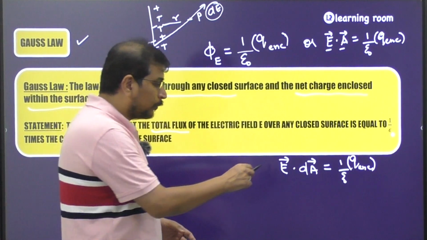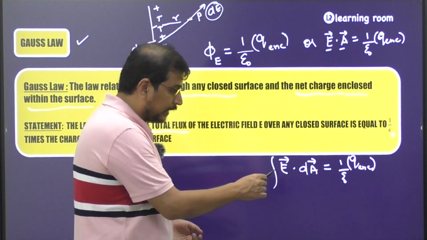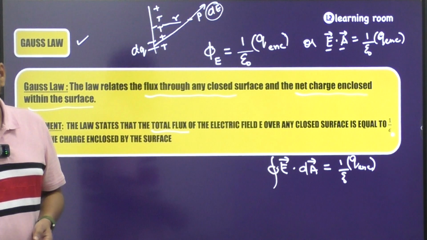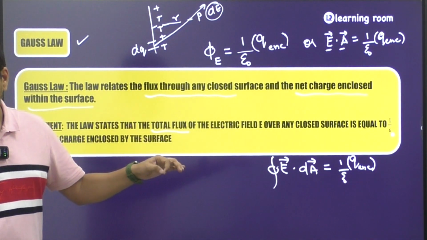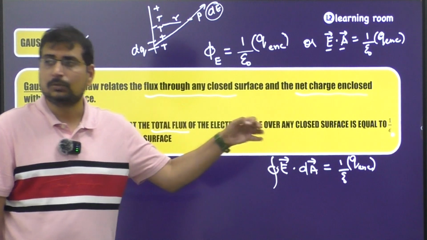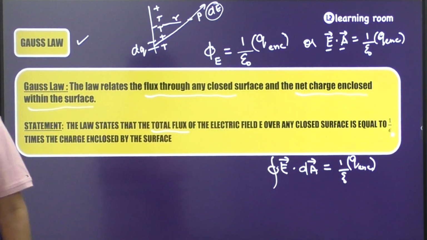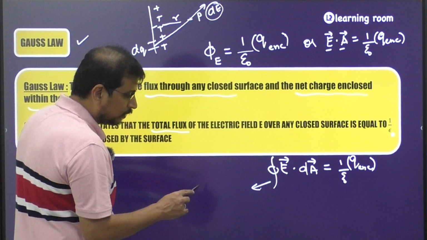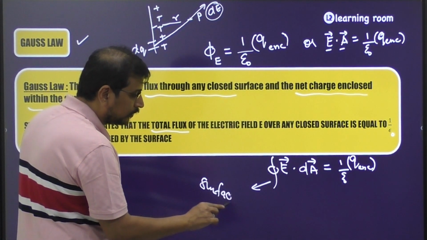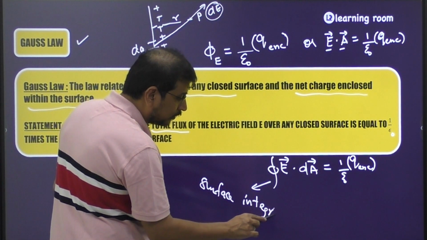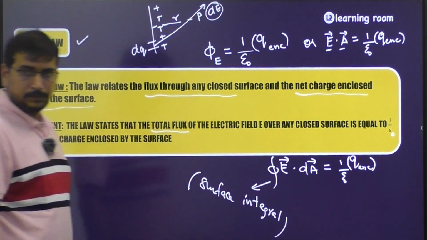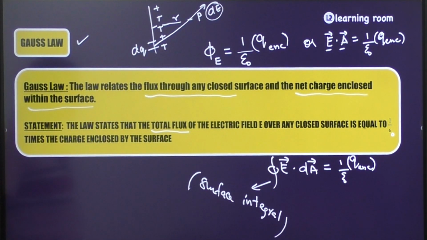If I put an integral symbol with a circle around it, you will call it the surface integral. So the surface integral of E vector dot dA vector is equal to 1 by epsilon naught times the charge enclosed by the Gaussian surface. These are the three ways in which you can mathematically write it, but there is a definition. Please make a note of it.